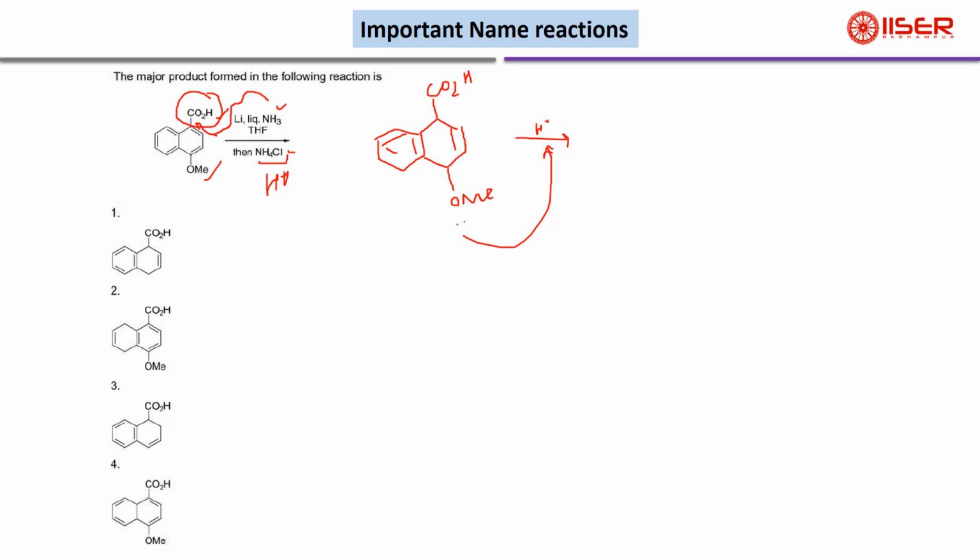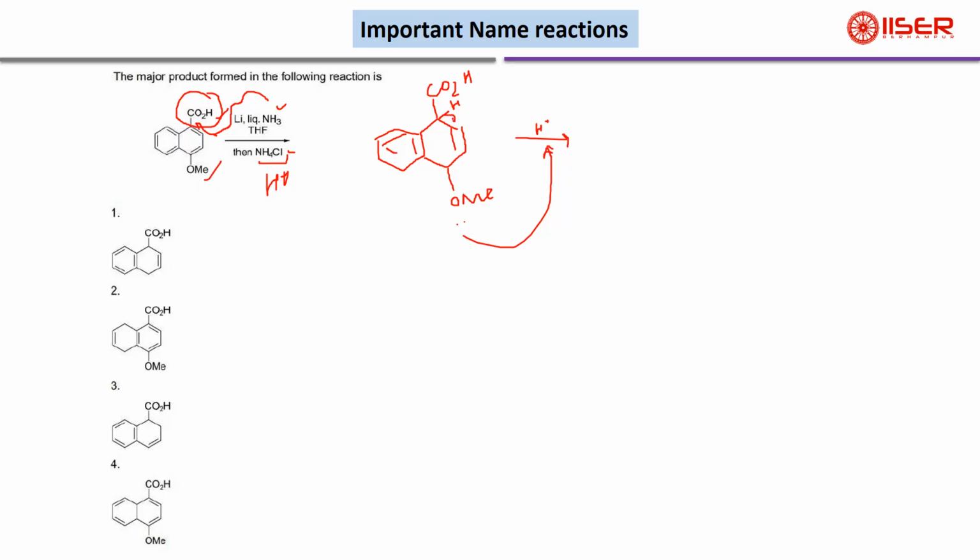If you just stop the reaction, there is no such option like this, so you'll be confused about which will be reduced. So if you add H plus, it will become methanol. Then there is an H available which is acidic because it is adjacent to CO2H.